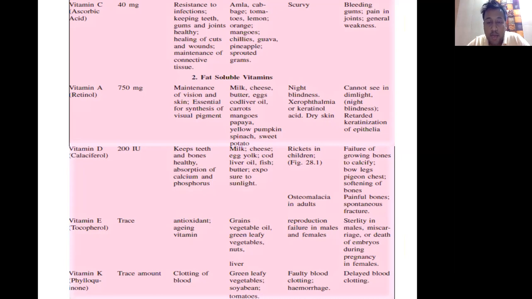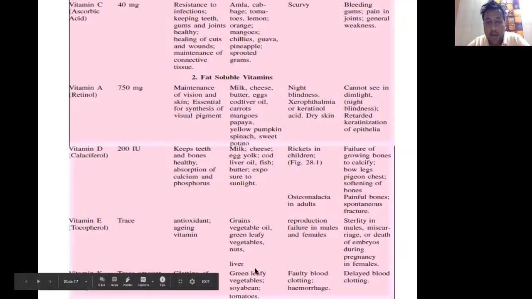So without vitamin K, you can have excess bleeding from a very minor cut, and that can be fatal. Vitamin K helps in the clotting of blood, and its deficiency can lead to faulty blood clotting or severe hemorrhage, that is delayed blood clotting. Okay.